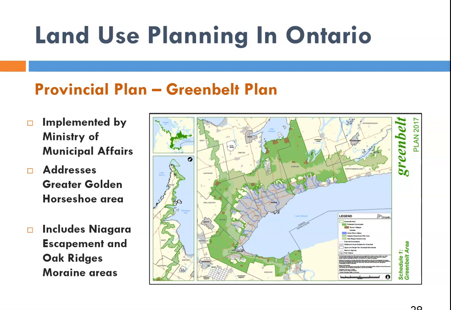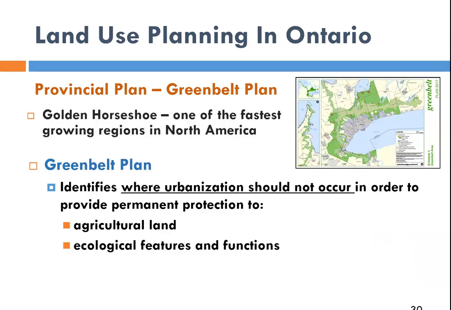When you think about the Greenbelt Plan, what I want you to think about from a land development perspective is that we are trying to create balance across those multiple municipalities within the greater Golden Horseshoe area, and identify where urbanization should not happen, in order to be more protective of agricultural lands that may be sensitive to that development, recognizing that those are also unique features within Ontario.